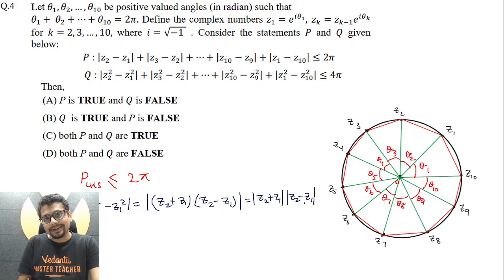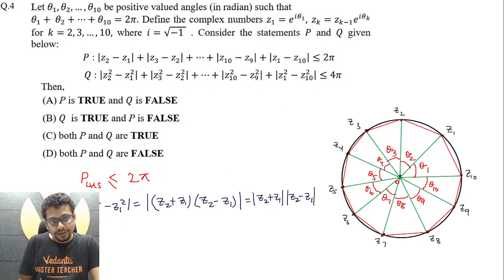Now we have already considered mod Z2 minus Z1, mod Z3 minus Z2, all those things in statement P, considering its left hand side. This mod Z2 plus Z1 will be coming in the first term multiplied with mod Z2 minus Z1. Similarly, mod Z3 plus Z2 would be coming in multiplication with mod Z3 minus Z2 in the second term, and so forth.